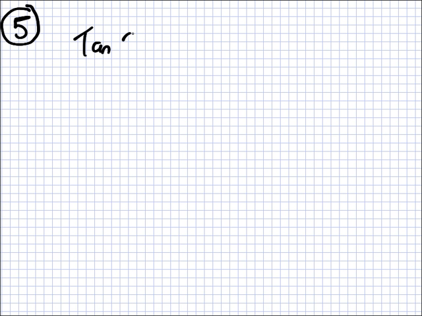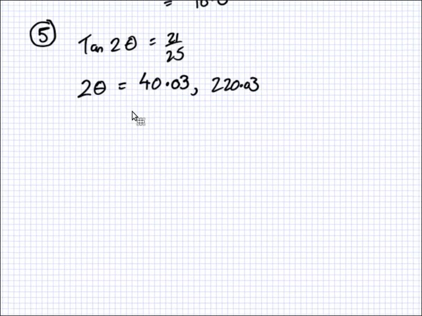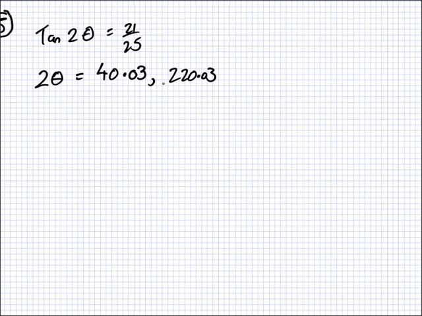Tan 2 theta is 21 over 25. So on the calculator, what is tan inverse of 21 over 25? 40.03. Now the second answer for tan is 180 plus the first answer, that's 220.03. And for tan and sine and cos, you get the next 2 answers by adding 360.